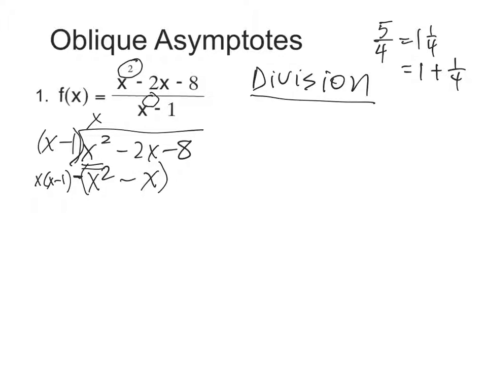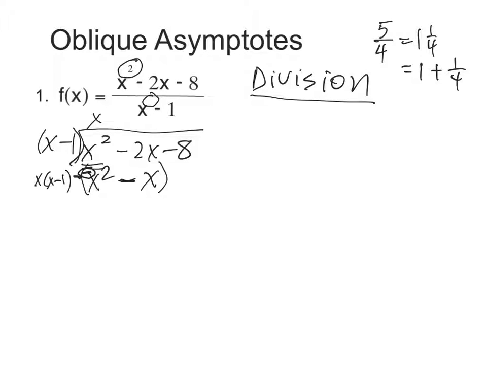Now the problem here is it's not just a single number like we're used to with the 5 divided by 4. We're subtracting this quantity, and this is usually where mistakes are made. What I have to do to remind myself to subtract, multiply that negative through the parentheses.